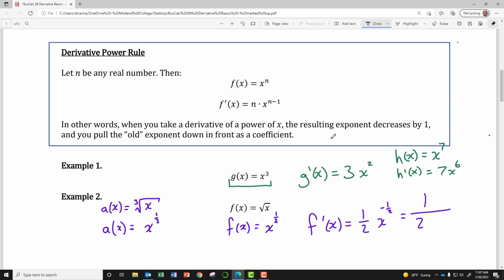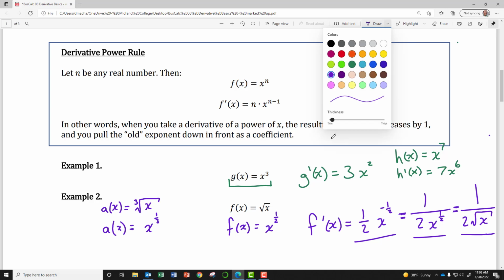So I can move this x to the power negative 1/2 in the numerator to x to the power 1/2 in the denominator. And then if it's x to the power 1/2, remember you could also write that as square root x. And so all of these are equivalent ways of expressing the same idea. There are 3 different representations, right? Here, here, and here. But they all mean the same thing.